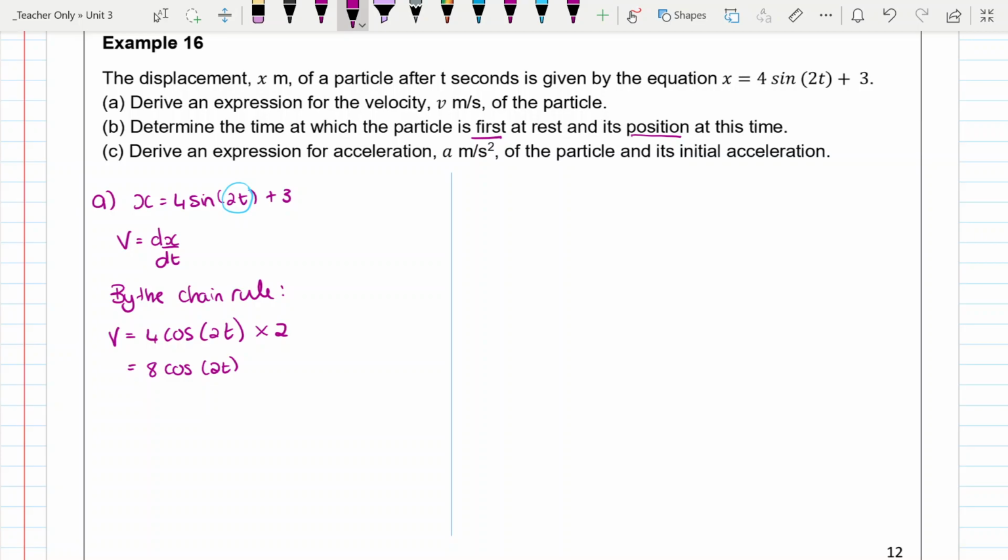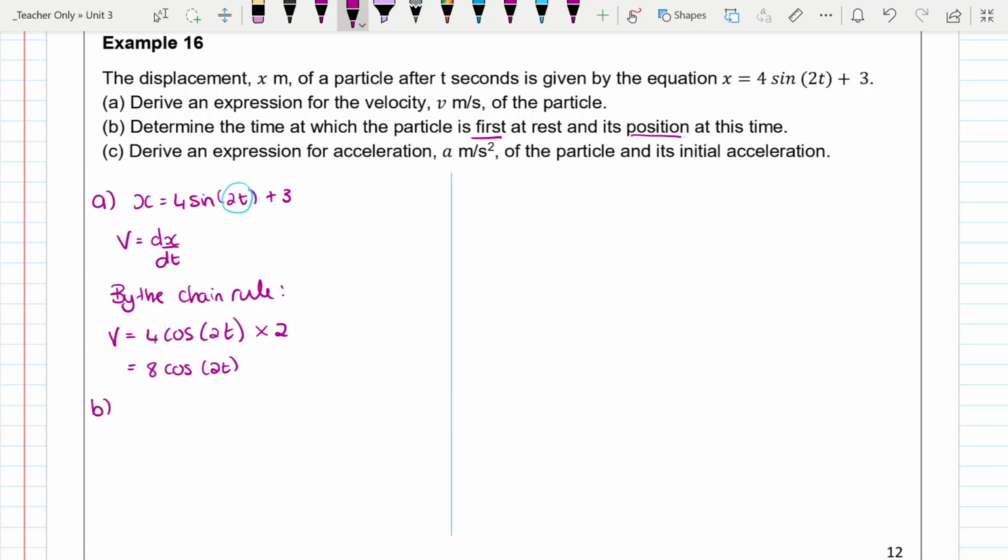Now if we have a look at the way this thing is moving, we will see that it's a sinusoidal function, which means that it might be a pendulum or something like that that's moving away from the origin, coming back, then moving away in the other direction. So we're going to have various times when our velocity is equal to 0. So let's have a look.